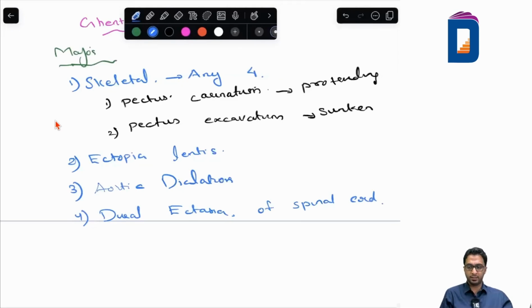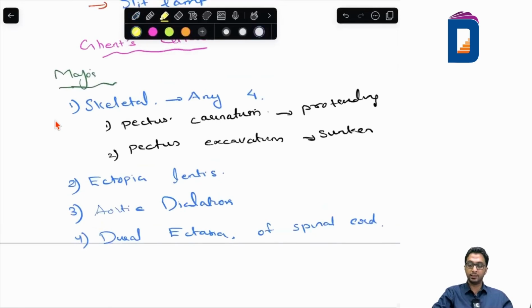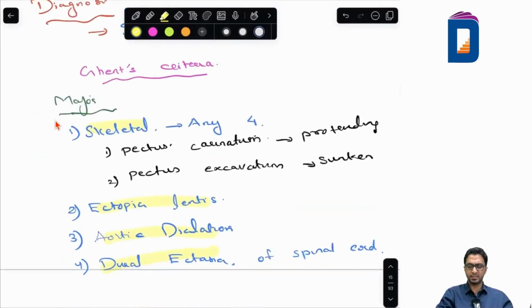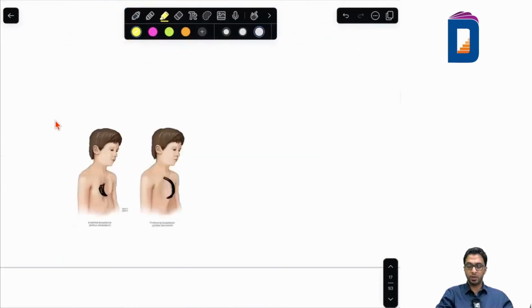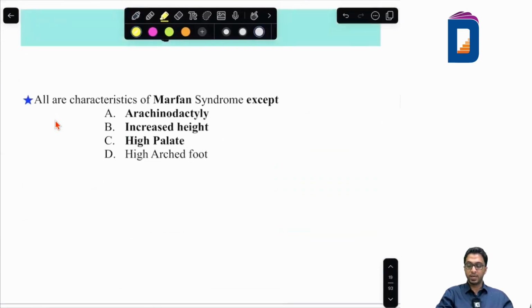And these are the four major criteria: skeletal, ectopia lentis, aortic dilatation, dural ectasia. If any of those four is there, it is considered to be fulfilling the major criteria. I think that's it. So this is the basic understanding of Marfan syndrome.